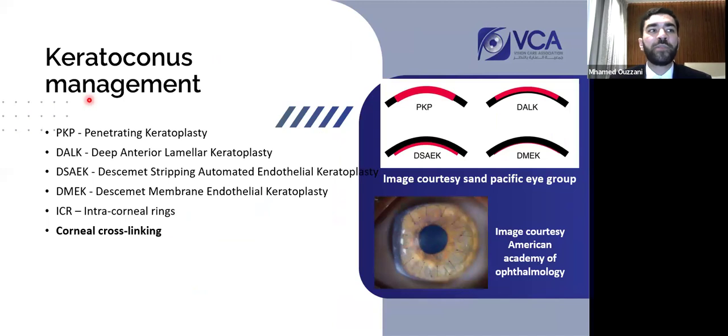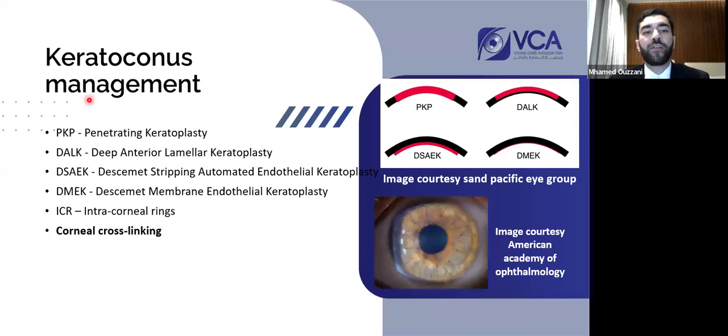For the management of keratoconus, we also have the surgical options. Mainly the surgical options are penetrating keratoplasty, but we also have some anterior or lamellar keratoplasty, depending on the structure that we want to replace.